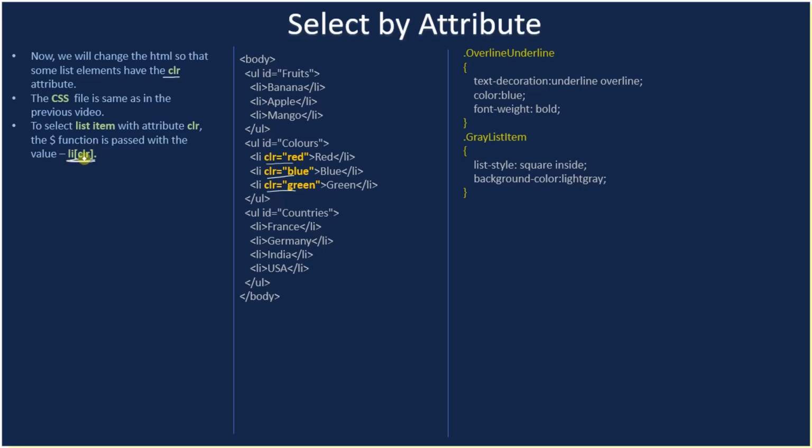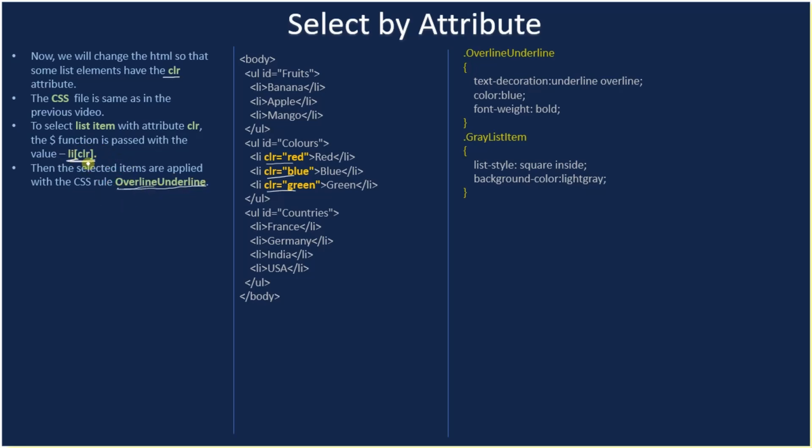So what we are stating is: select all HTML elements, in the sense of all list item HTML elements, which have the attribute CLR. Then the selected items are applied with the CSS rule overline, underline. That's what we are going to do in this video.